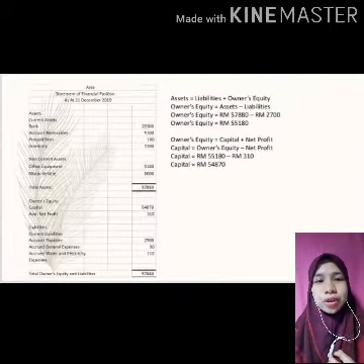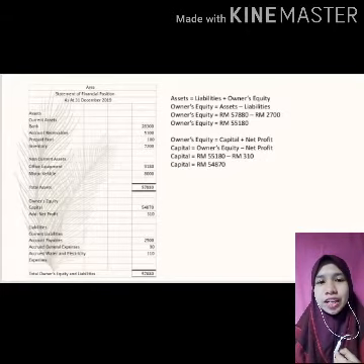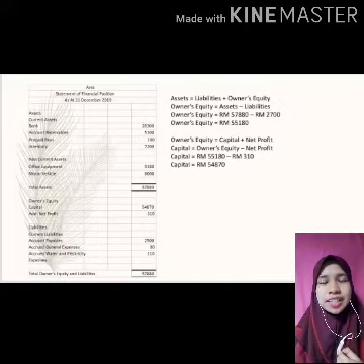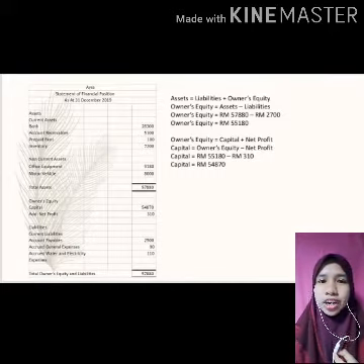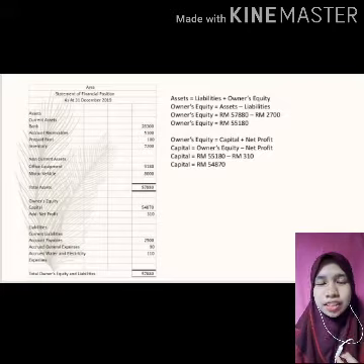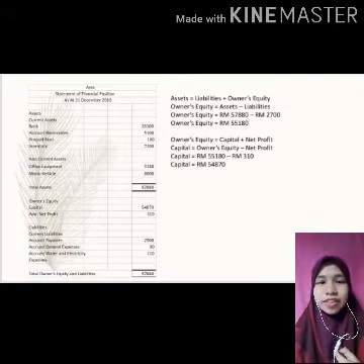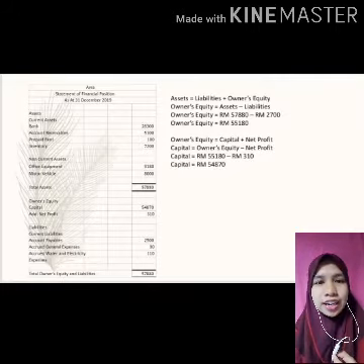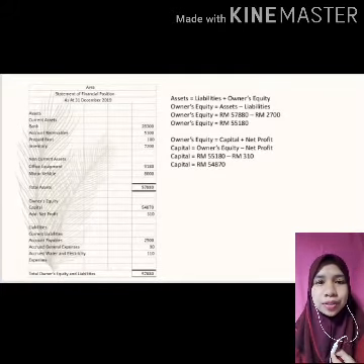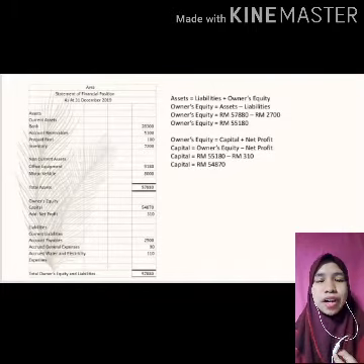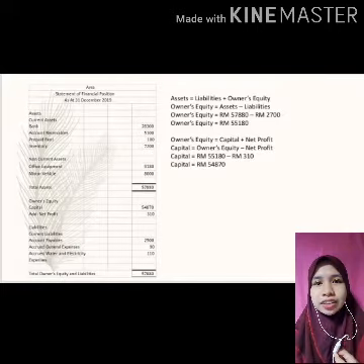Now let us see in more detail Aira's statement of financial position as at 31st December 2019. As we can see, there are current assets which are bank, account receivable, prepaid rent, and also inventory. And for non-current assets, we have office equipment and also motor vehicle. The values that we state on the financial position we got from the balances carried down.